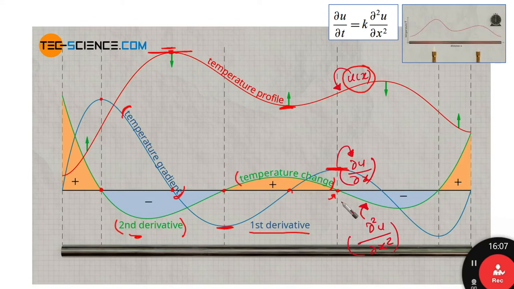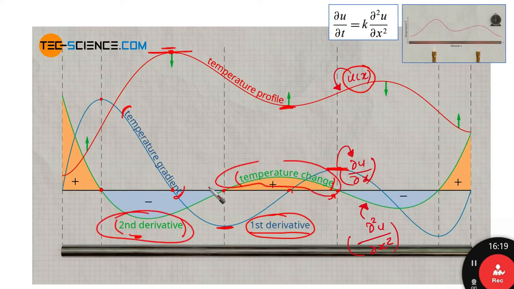So this is how we can tell the meaning of the first derivative, which is the temperature gradient, and the second derivative, which tells us how the temperature changes. We are talking about the second derivative along the x-axis. And partial u partial t is not seen in this 2D. It is perpendicular to this plane.